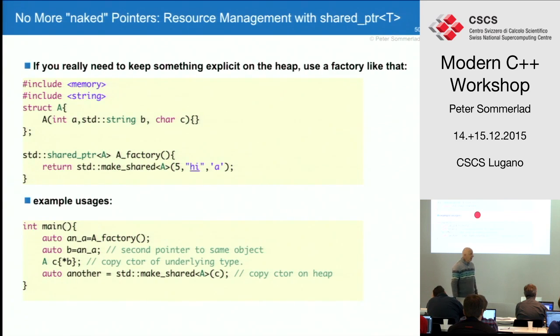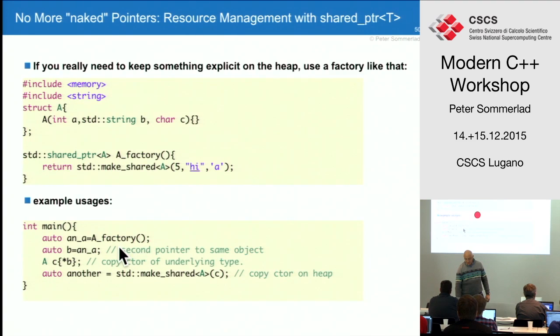A typical resource management example, that's a contrived example, so not very useful. You might have a factory for A objects. This is a very simple class A, taking a constructor with 3 arguments. Just to show you, if you call make_shared A, you have to provide the constructor arguments that you use for an A. And we can return that shared pointer by value.